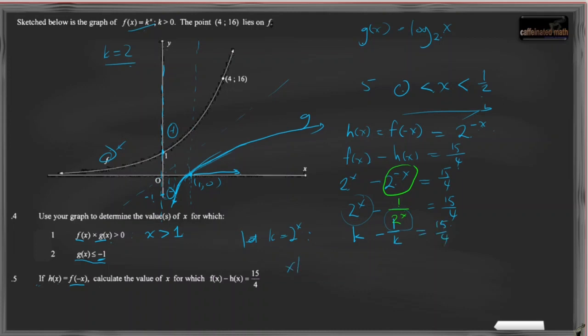Multiply the entire equation by k, and we get k squared minus 1, and this will of course be minus 15 over 4 k. It's all going to be equal to 0. Remember, we just transposed and did the multiplication.